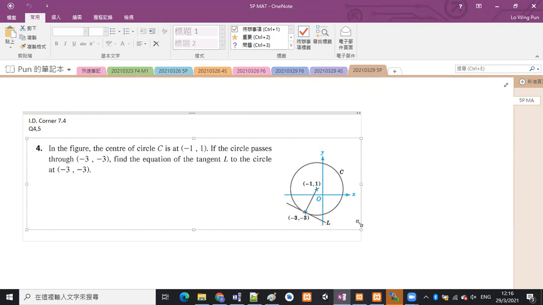Remember what I said before, we often use this: the tangent is perpendicular to the radius. So there is a right angle here. In the coordinate plane, if we have 2 lines perpendicular to each other, what should we think of immediately?